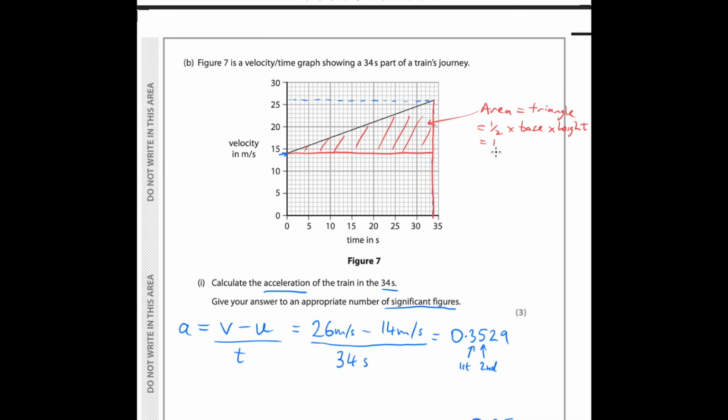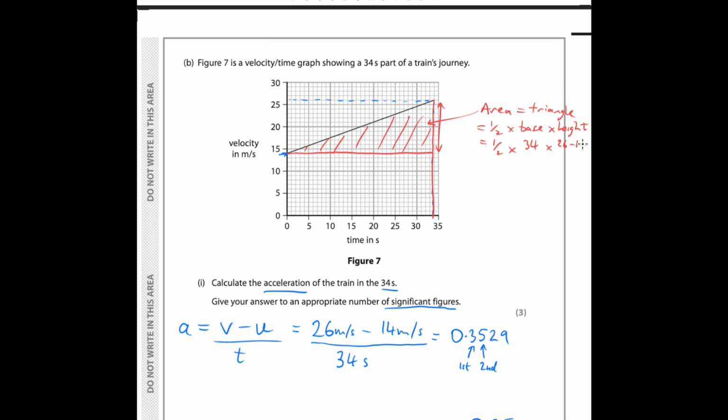So that's going to be a half times by the base goes from nothing to 34. So the base is 34, and the height of the triangle starts at 14 and goes up to 26.